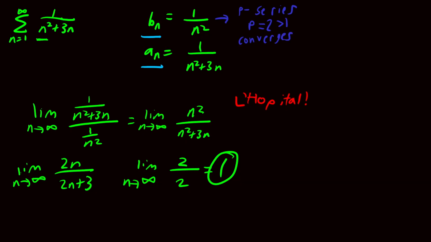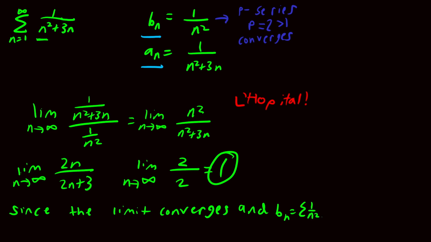So now you basically say, since I don't have enough space, shoot. I'll just write it super small. So we say, since the limit, you have to write the whole limit, but I'm too lazy, the limit converges and bn equals 1 over n squared converges, then an also converges.